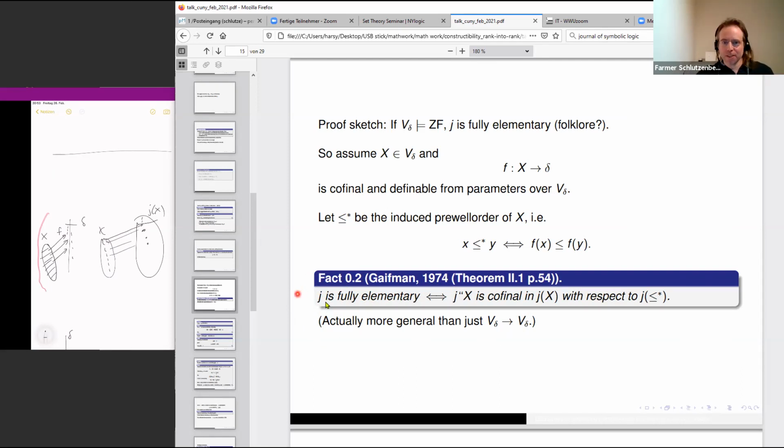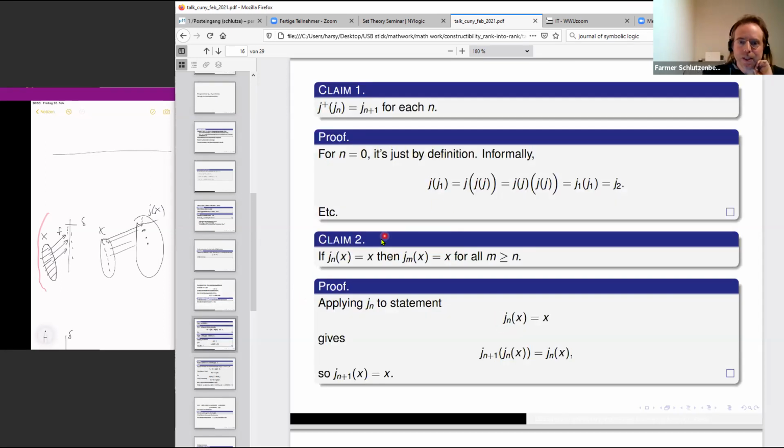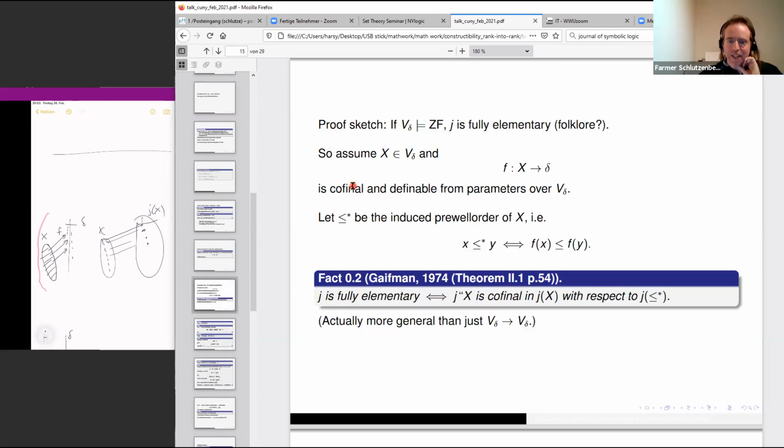Okay, so we want to use this. So we want to replace our J with an iterate where this is going to happen. And so to get there, in one case, delta is singular definably over V delta.